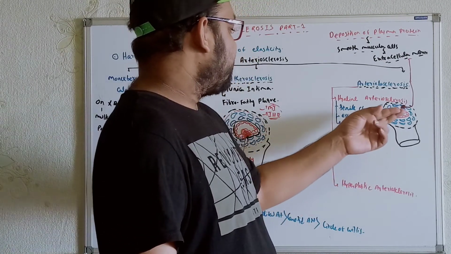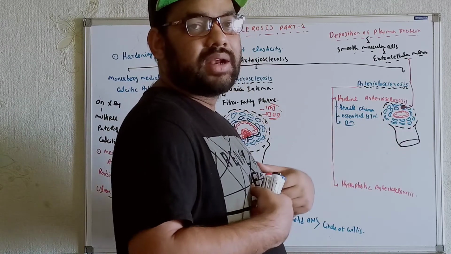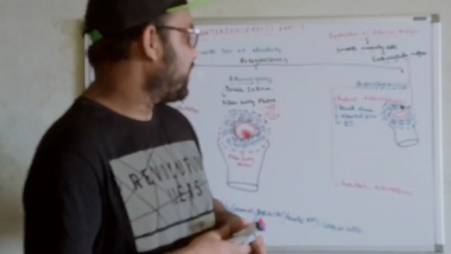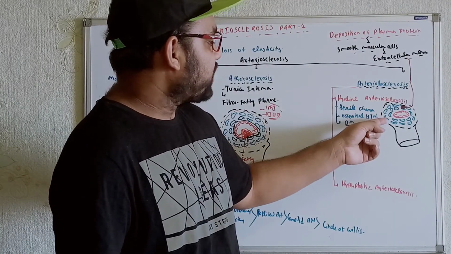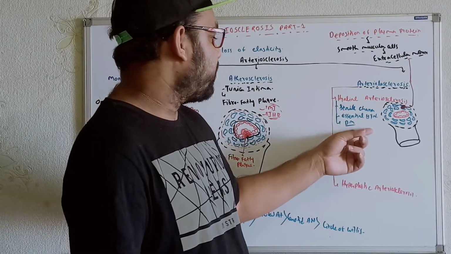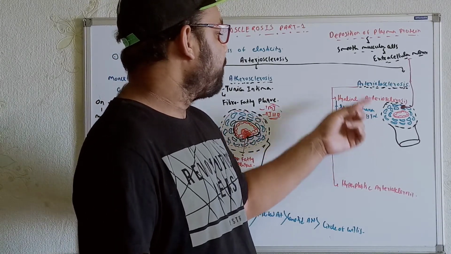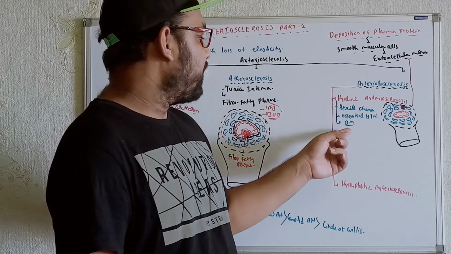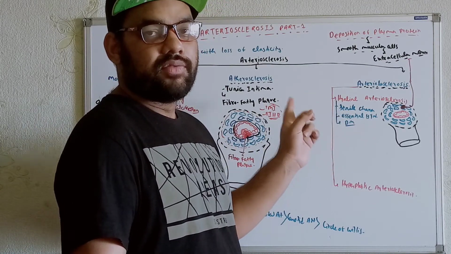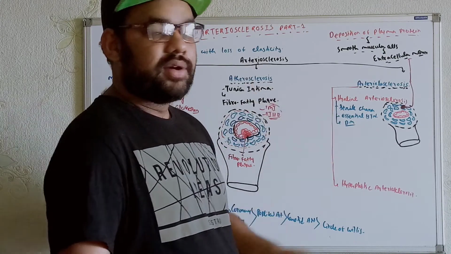As a result, these parts will get attached to these whole portions. Try to understand what I'm saying, guys. These are non-enzymatic glycosylation reactions, you have to remember. Especially in the kidneys, we will get arteriosclerosis in both arterioles, the efferent arterioles and also the afferent arterioles.